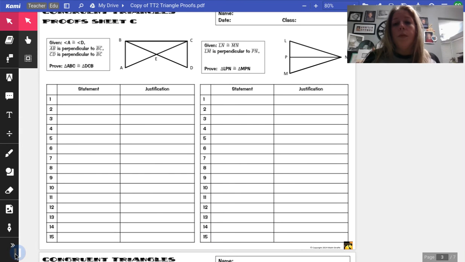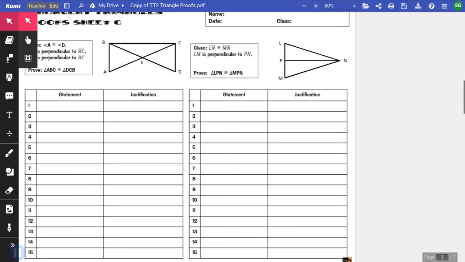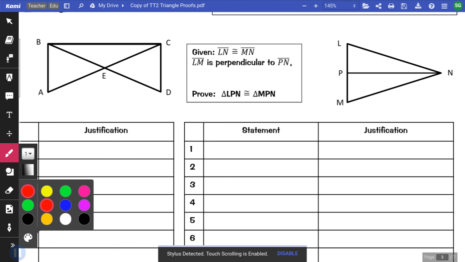Now we're going to do 2 more proofs in our triangle proofs document. So go ahead and open this up and scroll down to this proof here that looks kind of like a paper airplane. Okay, just like we have been the whole time, mark what you know.